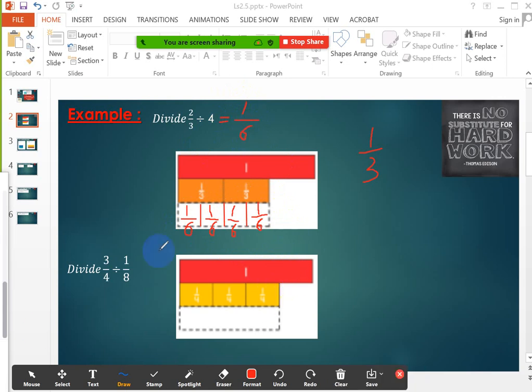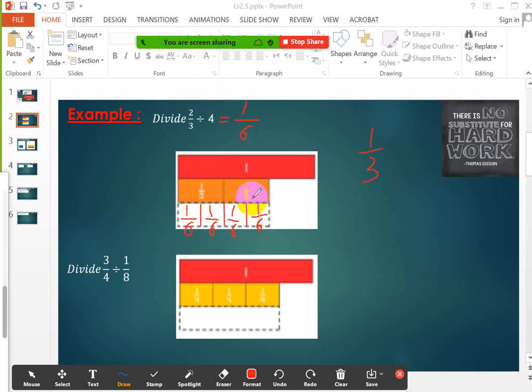Again, I will repeat. If I want to divide 2 over 3 by 4, girls, I have to draw the unit fraction 1 over 3 twice. So 2 over 3 means this is the 1 over 3 and another 1 over 3.